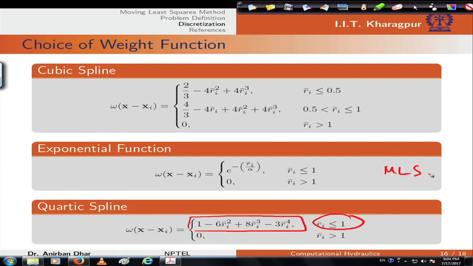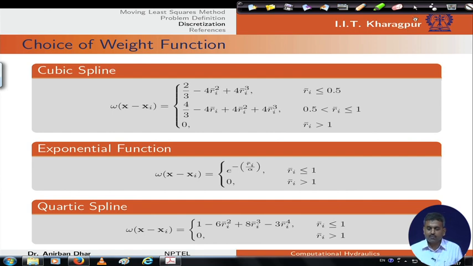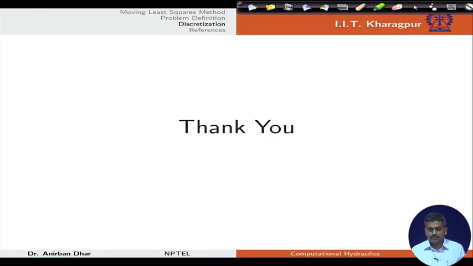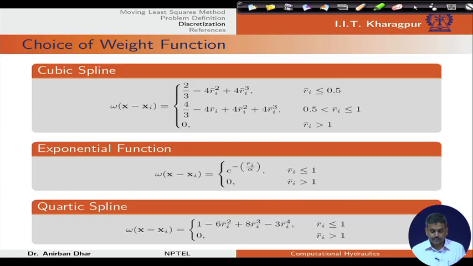So, we can see that in our MLS approximation we are not getting any explicit form like polynomial interpolation. In case of polynomial interpolation we got two things, that is for interior points and for boundary points, two equations or expressions which are similar to finite difference method.